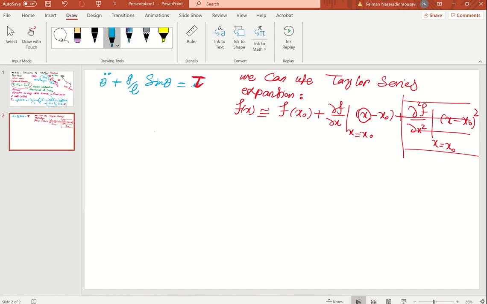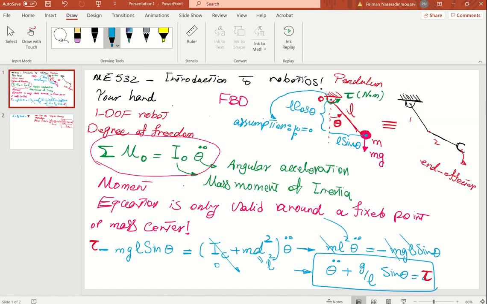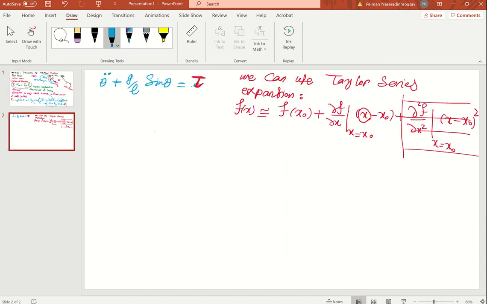So as I taught you previously, what's the equilibrium point of this 1 degree of freedom robot? You have to remove tau, because you have to have free motion of the system. This is how you can find the equilibrium point of the system. The external torque, we don't have it.